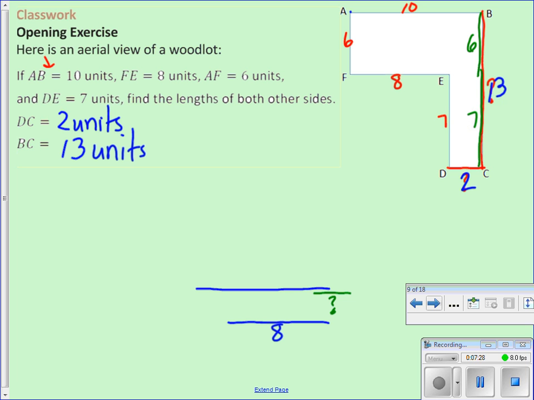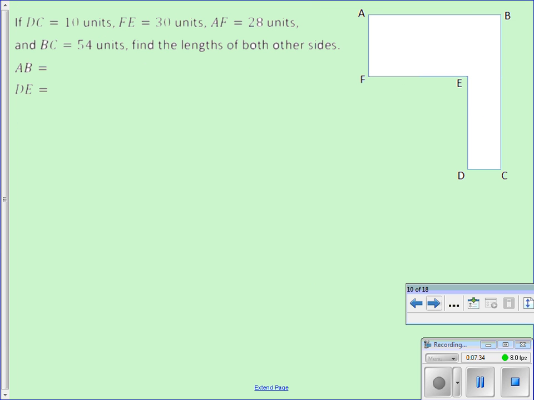Now if you look on your note page, they're giving you a new set of measurements for the same figure. So you can write above and below the other numbers that you just labeled, or put a thin line through them so you don't confuse yourself, or quickly redraw the shape to the right.